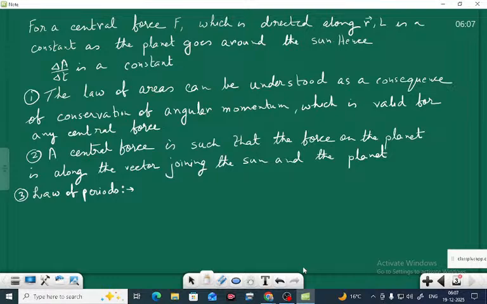The law of areas can be understood as a consequence of conservation of angular momentum, which is valid for any central force. A central force is such that the force on the planet is along the vector joining the sun and the planet.